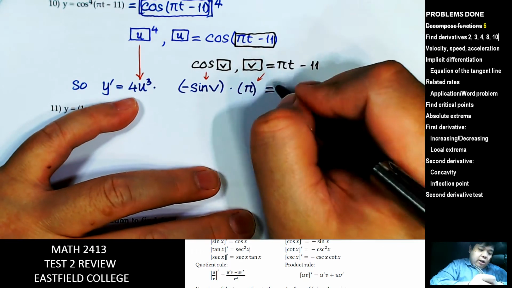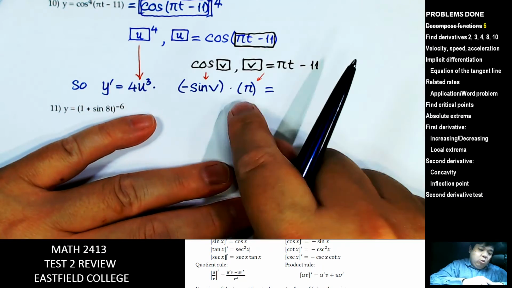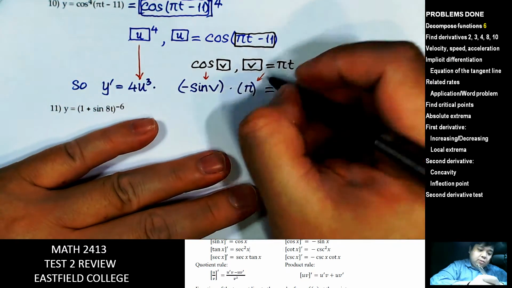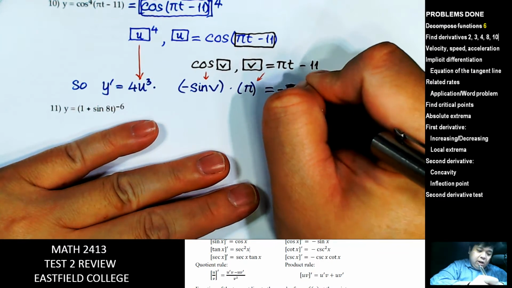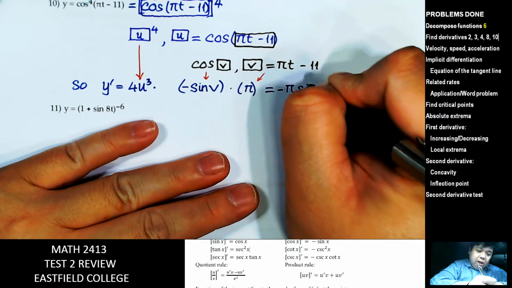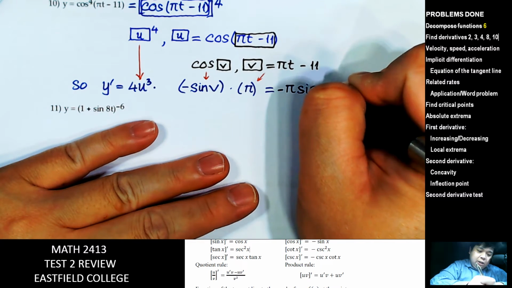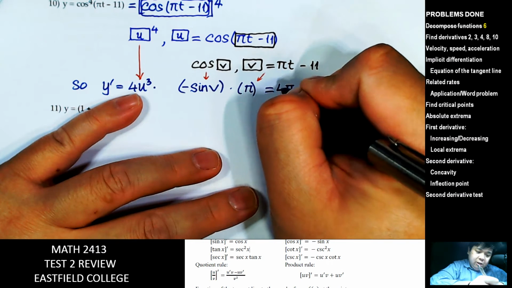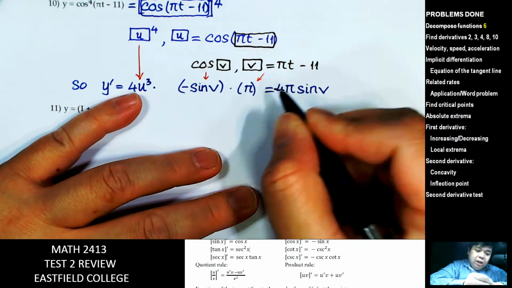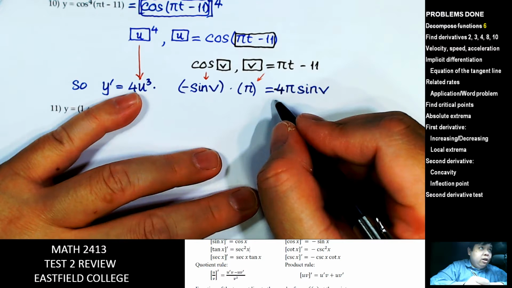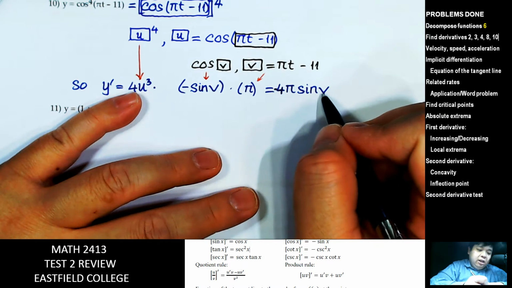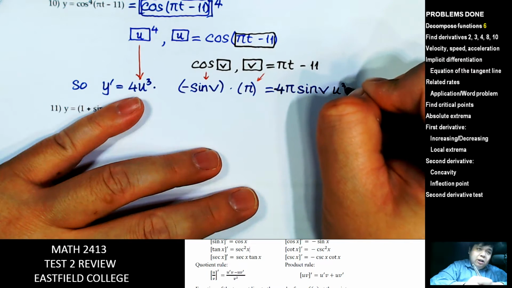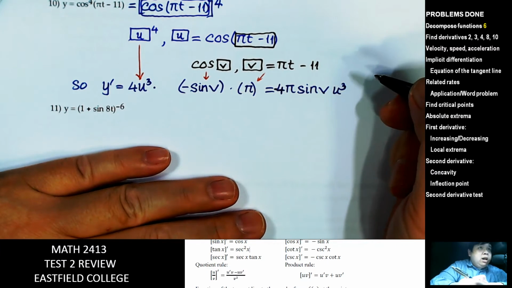So let's write the pi and negative sine v in front of that. So negative pi sine v. Actually, there's a 4 in front of that too, so it will be negative 4 pi sine v, and then u to the cube. U cube. That's much better.